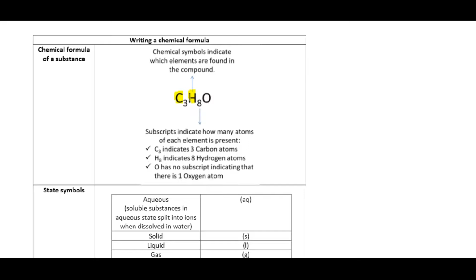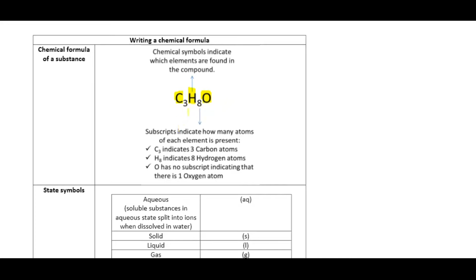H is the symbol for the element hydrogen, and O is the symbol for the element oxygen. So what these symbols C, H, and O represent is that the elements carbon, hydrogen, and oxygen are present in this compound.